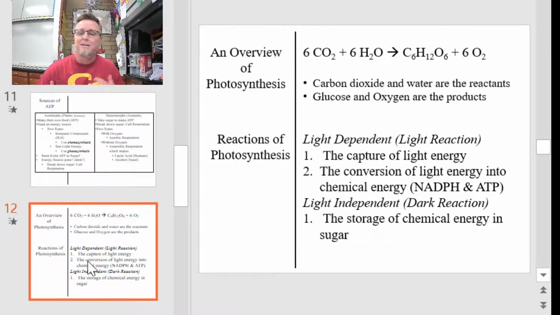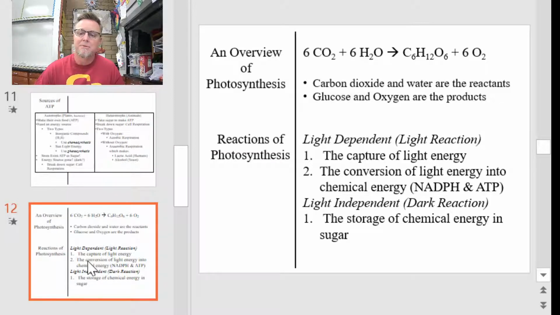And then if you want to watch that other video that goes in great depth, you can do that later. So the equation for photosynthesis is 6 carbon dioxides plus 6 waters yields glucose and 6 oxygens. Okay? So carbon dioxide and water are the reactants, glucose and oxygen are your products.